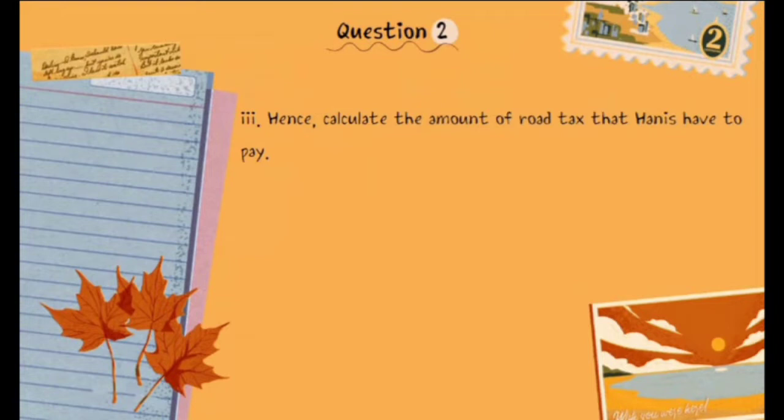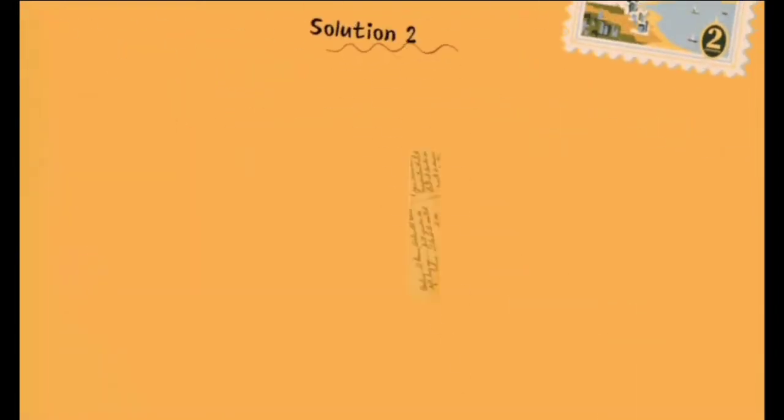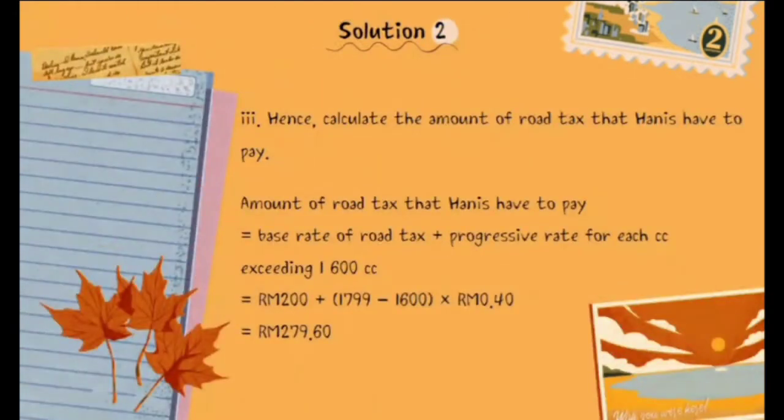Thirdly, calculate the amount of road tax that Hanis has to pay. The amount of road tax that Hanis has to pay is equal to the base rate of road tax plus the progressive rate for each cc exceeding 1,600 cc.